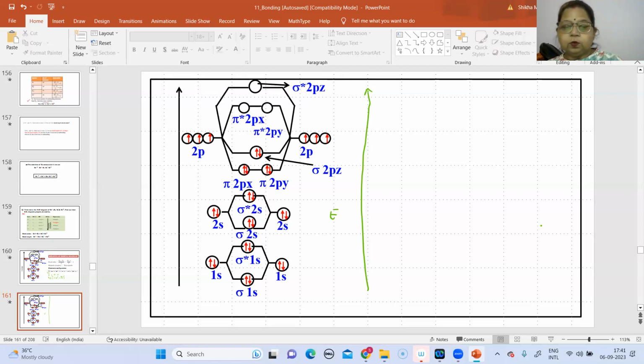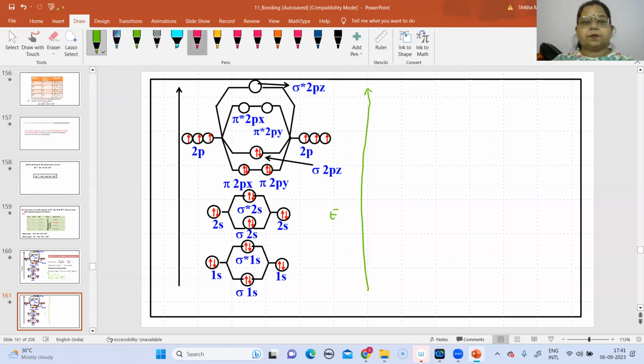So we will put two nitrogen atoms at two separate places. Let's say this is one nitrogen atom, this is another nitrogen atom. Both of them will have 1s, right? So we will draw the 1s orbital for both of them, right?